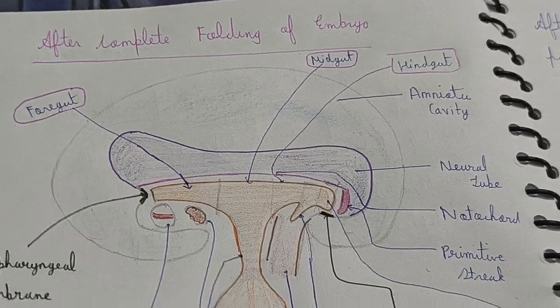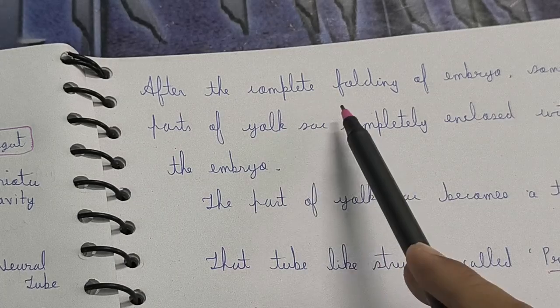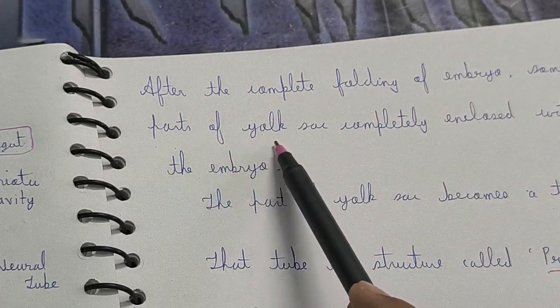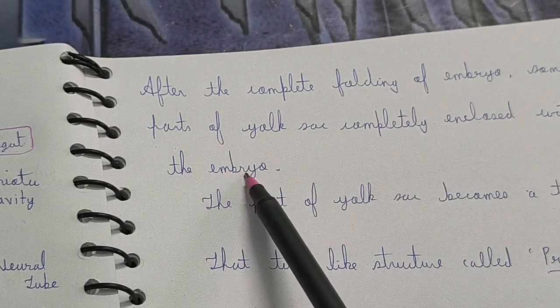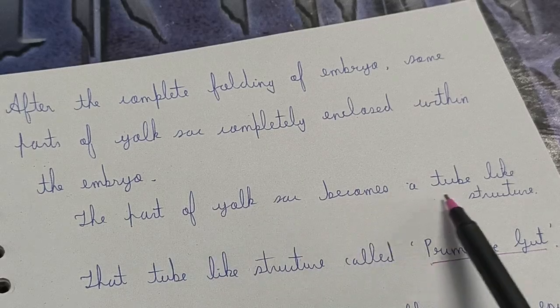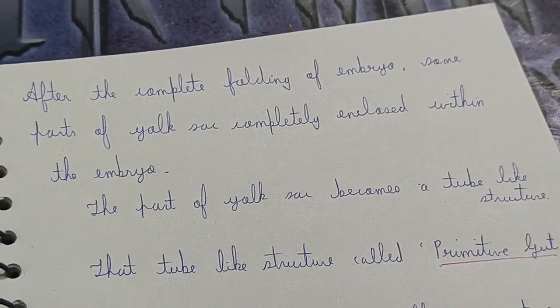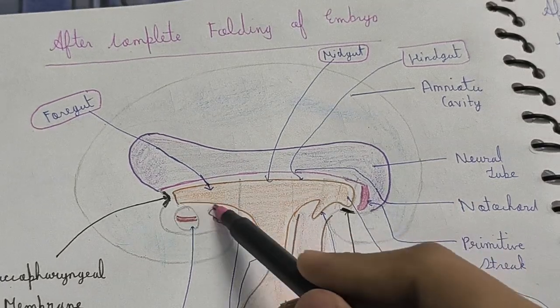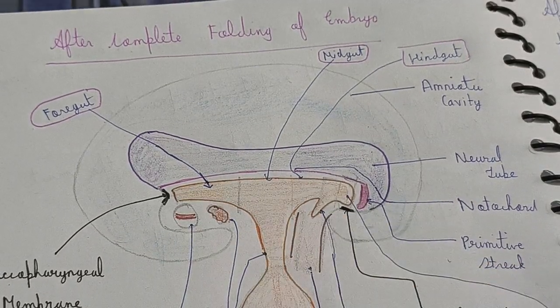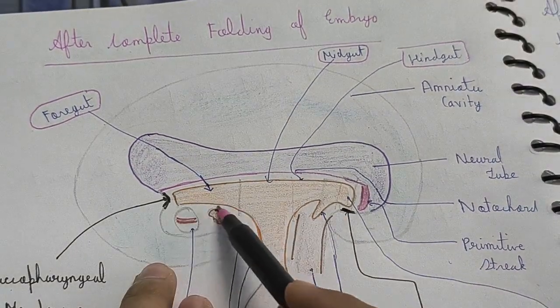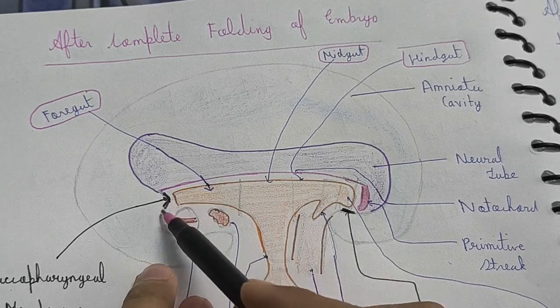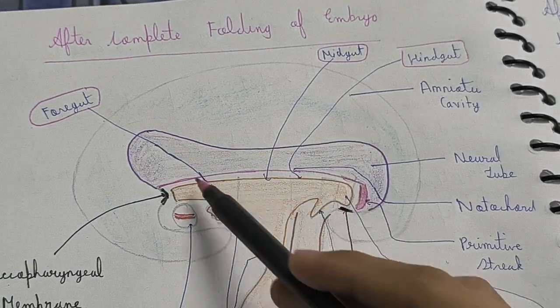All these portions I have written: after the complete folding of the embryo, some parts of the yolk sac are completely enclosed within the embryo, and that part of the yolk sac becomes a tube-like structure known as the primitive gut. Here this is the primitive gut, completely encircled by the developing embryo.